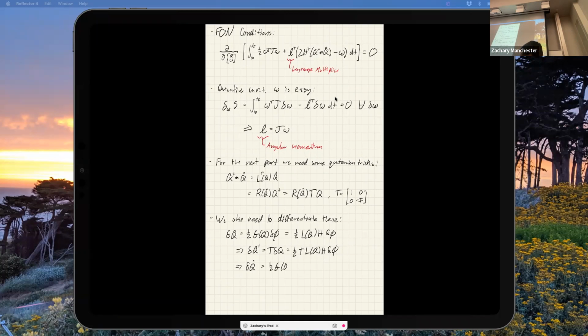I guess we'll write it this way, and I can expand that out with the definitions of G too, if I want to. I guess we'll do that.